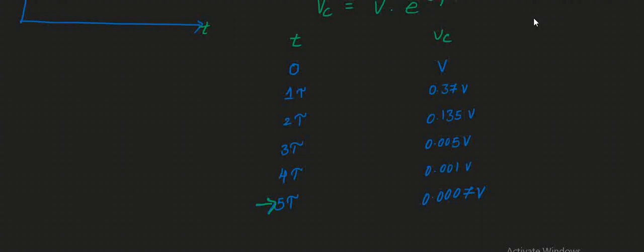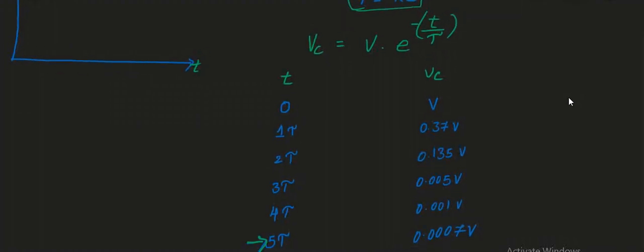At t equal to 0, this becomes e power 0, and e power 0 is 1.